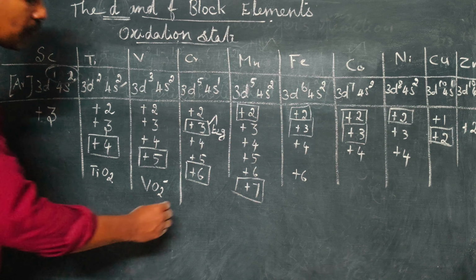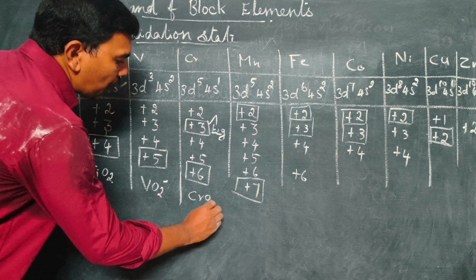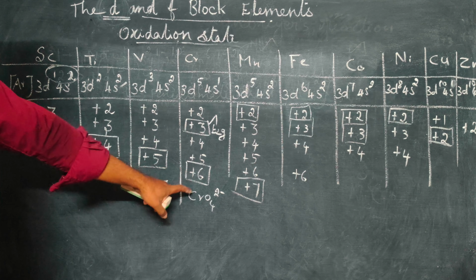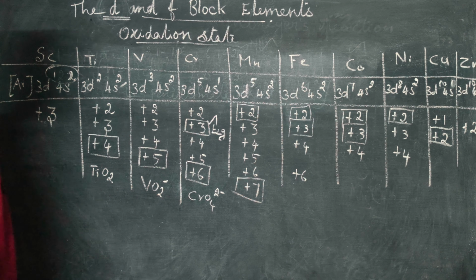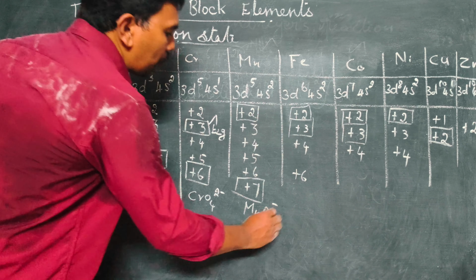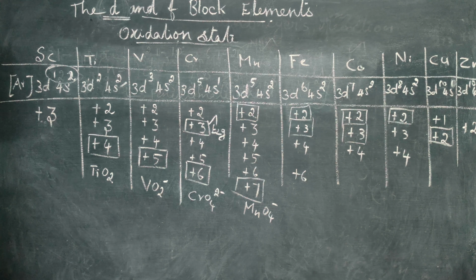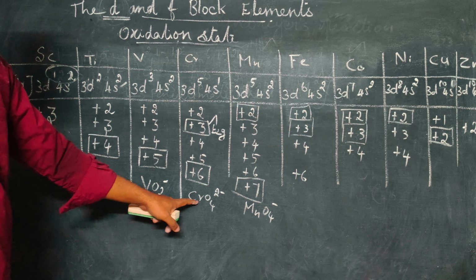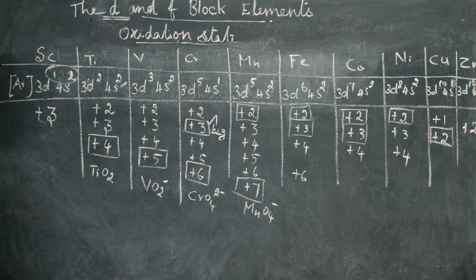Then chromium, CrO4 2 minus, is the +6 oxidation state. Then manganese, MnO4 minus, is the +7 oxidation state. These are titanium oxide, vanadium oxide, chromium oxide, and manganese oxide.